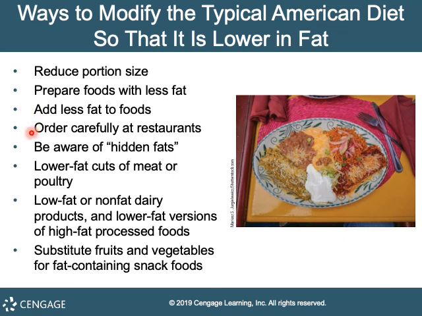Order carefully at restaurants and be aware of hidden fats. Lower fat cuts of meat or poultry could be used, along with lower fat or non-fat dairy products, and lower fat versions of high-fat processed foods, or try to eliminate those processed foods altogether. The more whole foods, the better. And then substitute fruits and vegetables for those higher fat and high sugar snack foods.